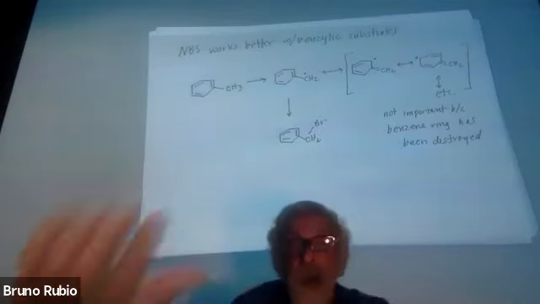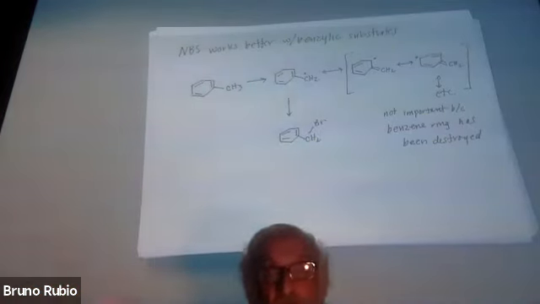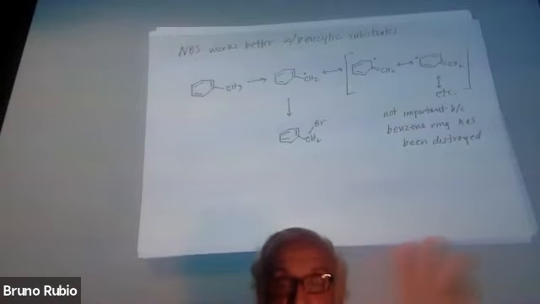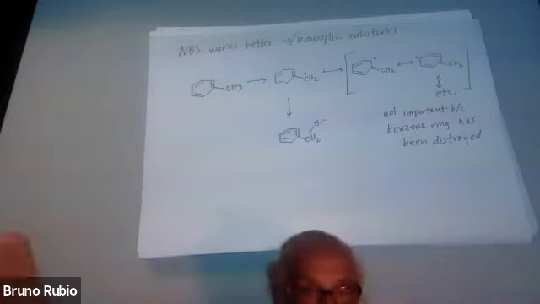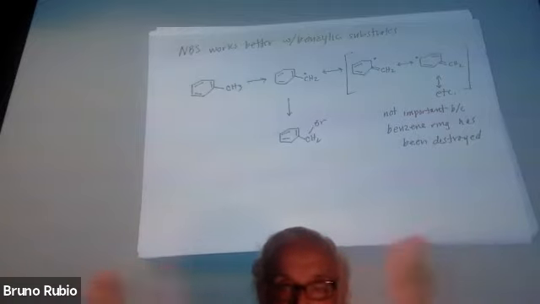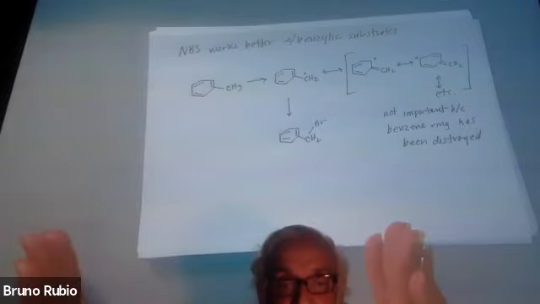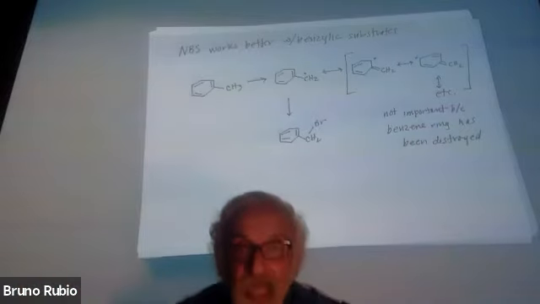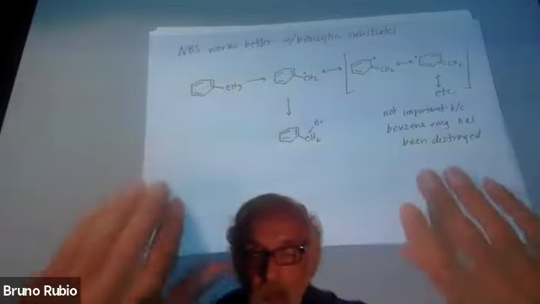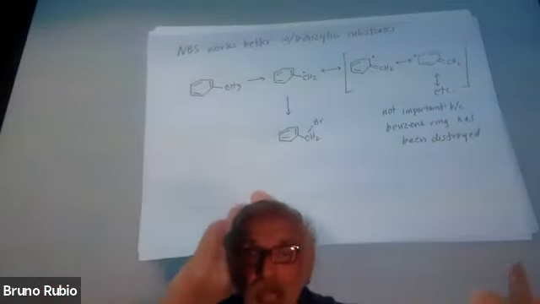That's the only product. So there are complications with NBS and with allylic substrates because all of those resonance forms are contributors to the resonance hybrid, but we don't have the same effect with the benzylic position. Okay, so that's the NBS story.